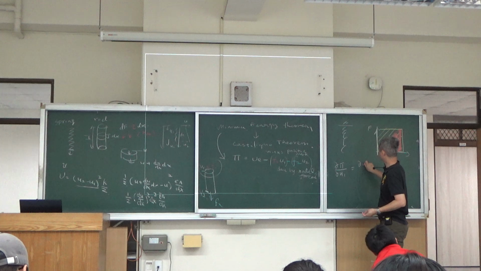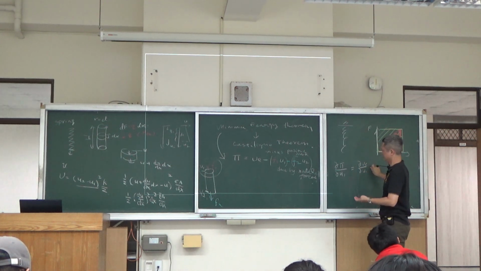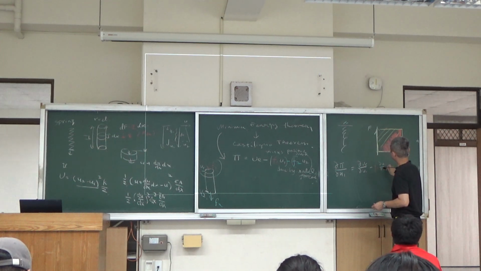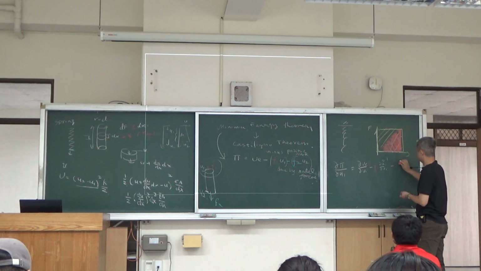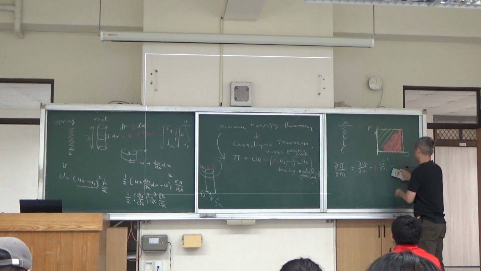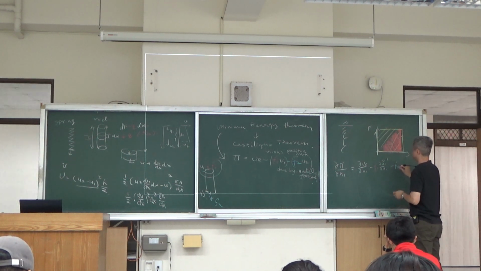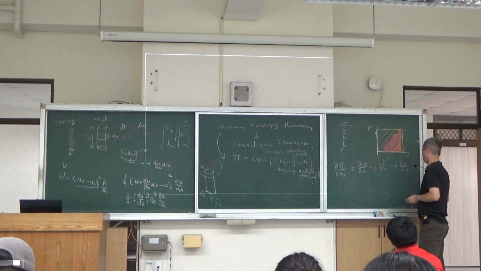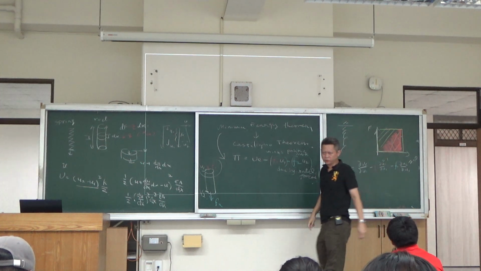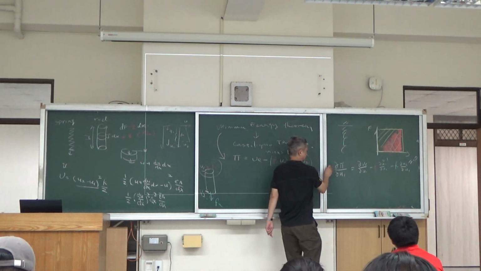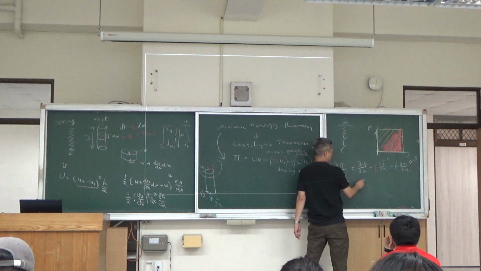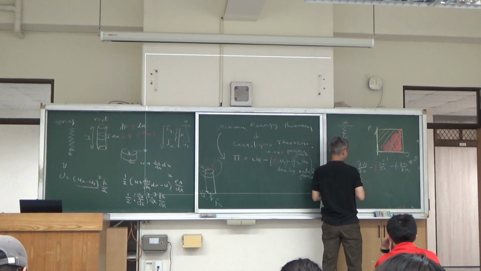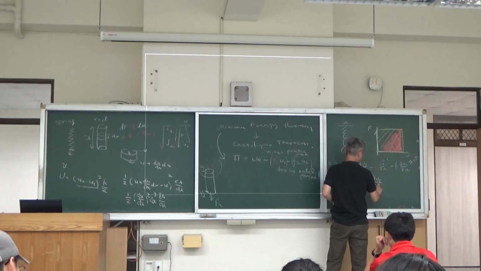Then you have del UE del U1 minus F1 del U1 del U1 minus F2 del U2 del U1, and this is 0. So in the first expression, you got your F1 equal to del UE del U1.